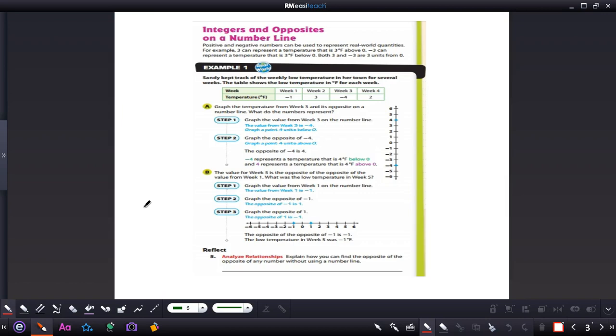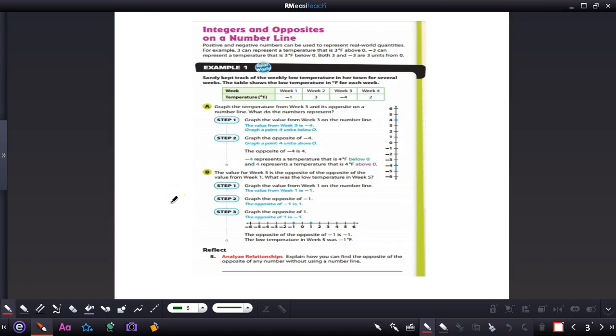We see week 3 is negative 4 degrees, below zero. And the opposite of that would be 4 degrees above zero. We see negative 4 is 4 places below zero, and 4 is 4 places above zero as well. The opposite would be positive 4.